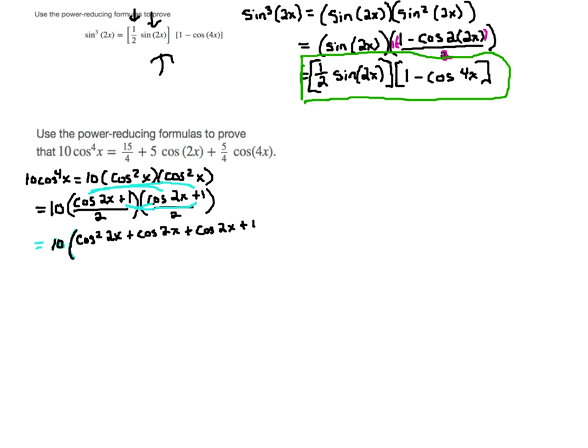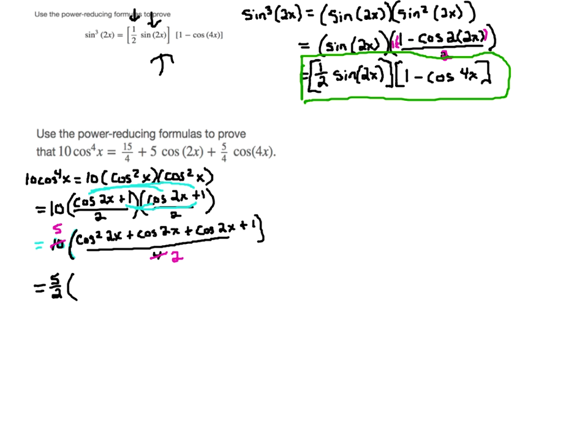And 1 times 1 is 1. And that's all over 4. So I can divide here. 2 goes into 4 twice, and 2 goes into 10 5 times, and I can pull that 5 halves out front. So this is the same thing as 5 halves times the numerator there.